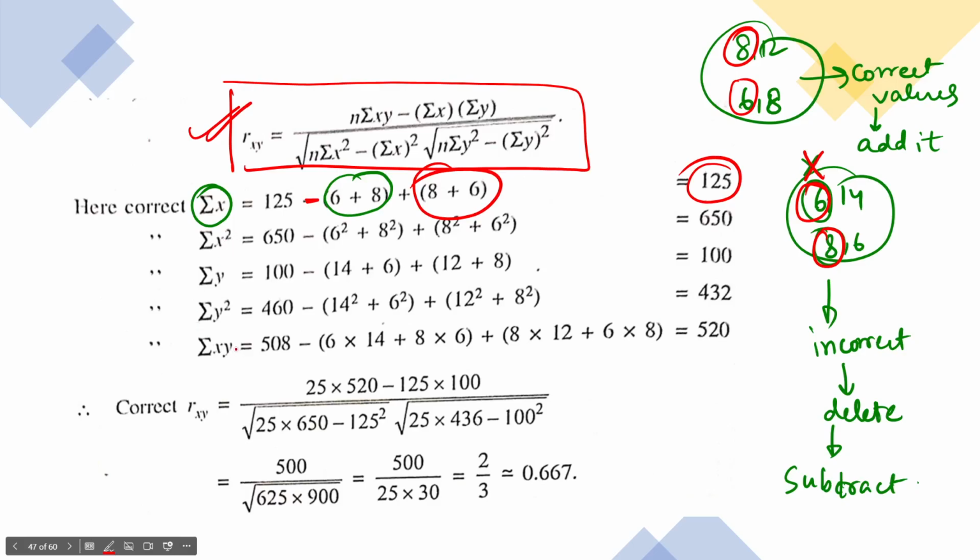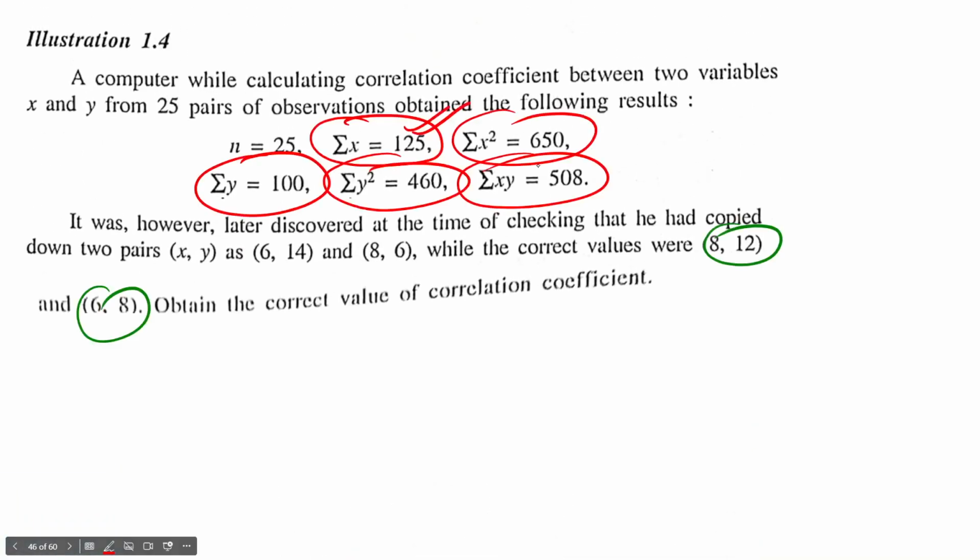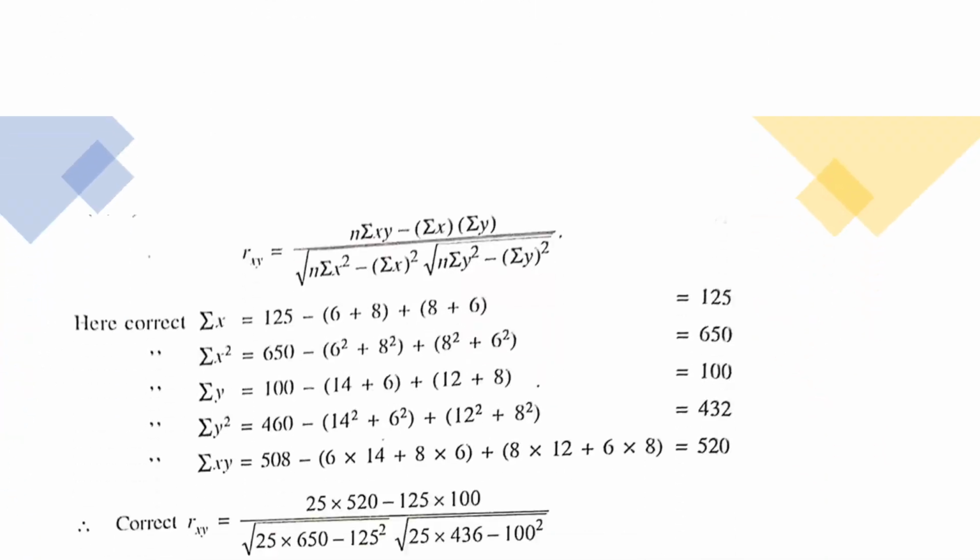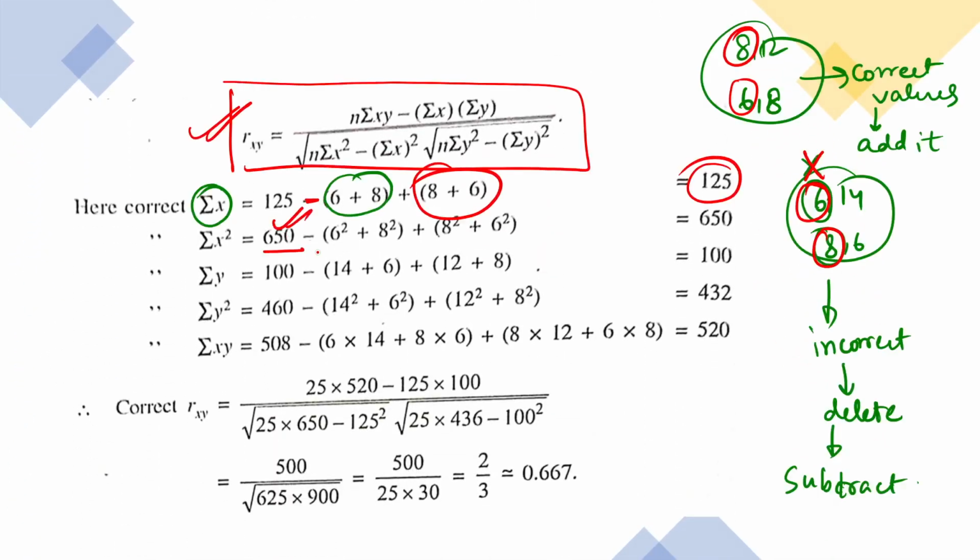Summation x square: 650 was the recorded or given value. Here you have to subtract 6 square plus 8 square, and add 8 square plus 6 square.